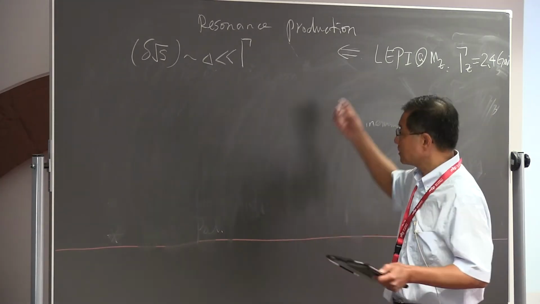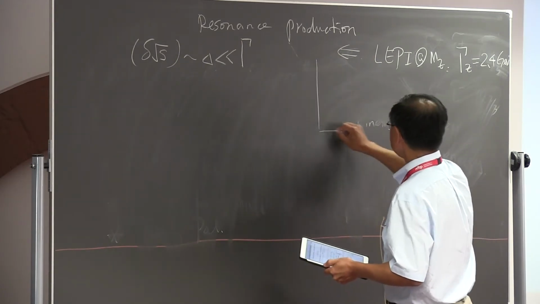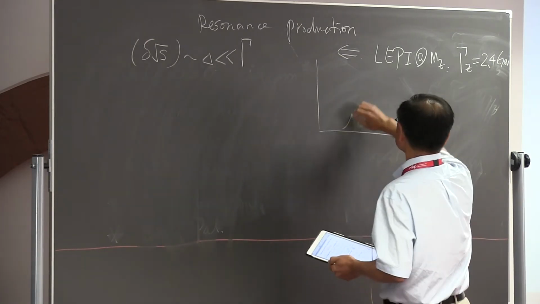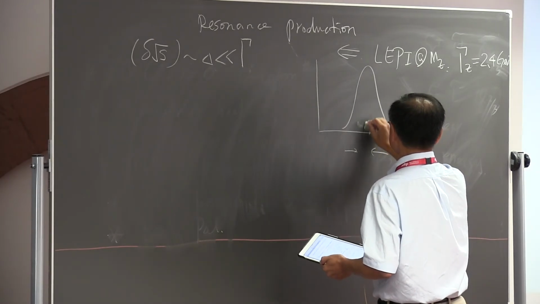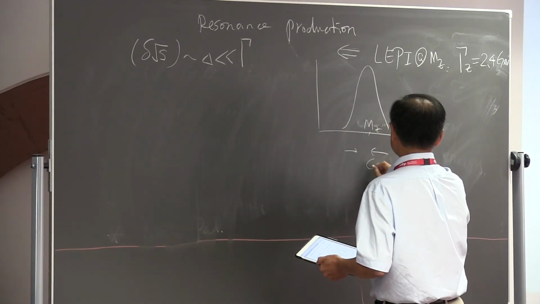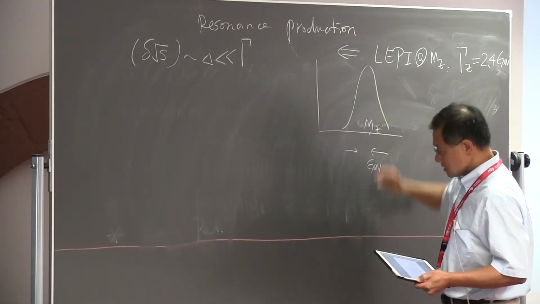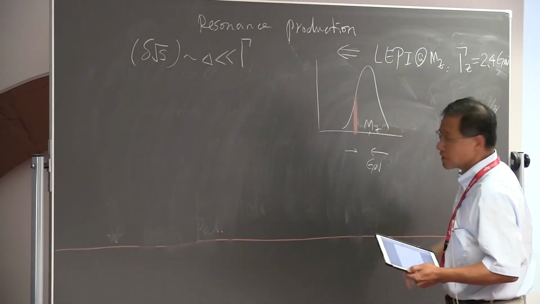So you have the delta function delivery, and the physical resonance is not narrow anymore. This is MZ with a GeV width, but your machine delivery is in the 100 MeV range.